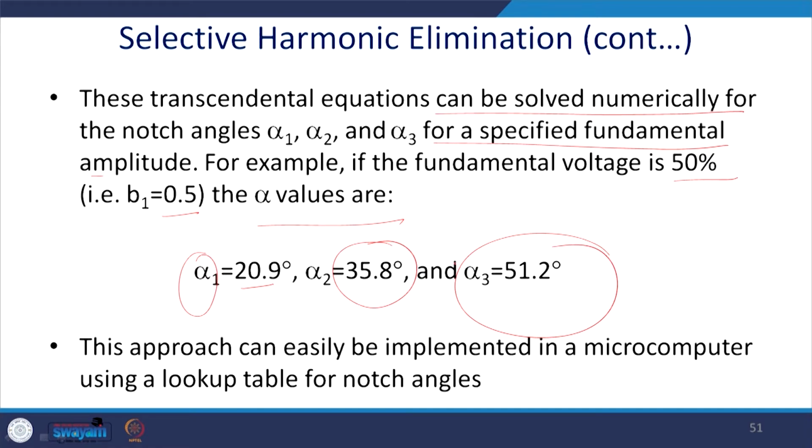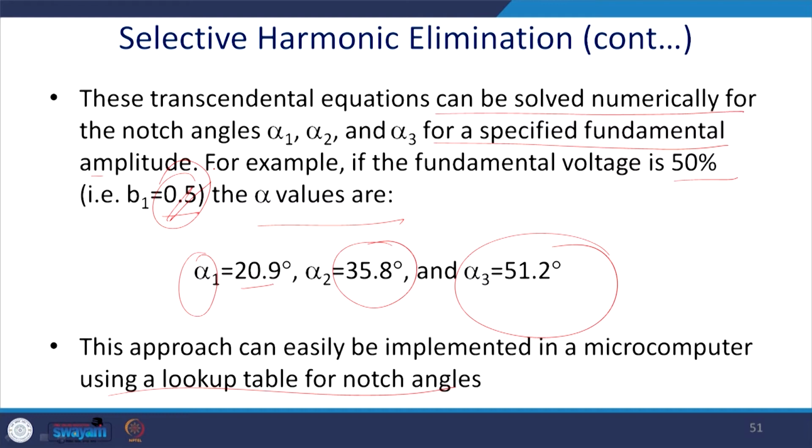This approach is usually implemented by microcomputers, DSP, or with a lookup table with the angles of the notches, because once it is done, it is fixed, but generally the power factor changes and all those things, you require to recalculate those angles, because this value will change, it is not a fixed value.